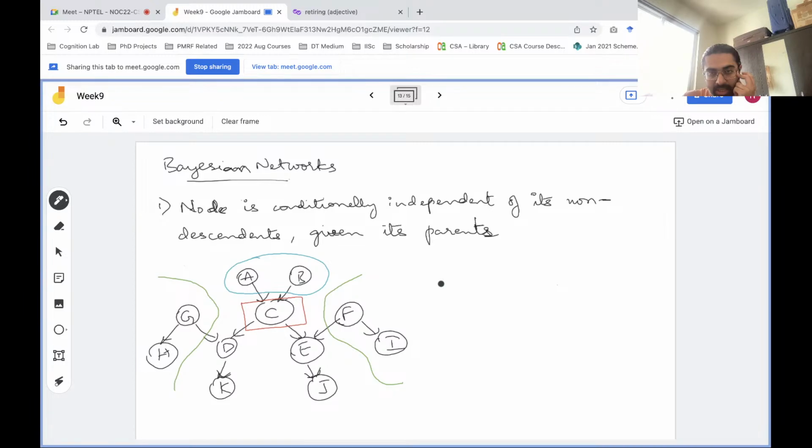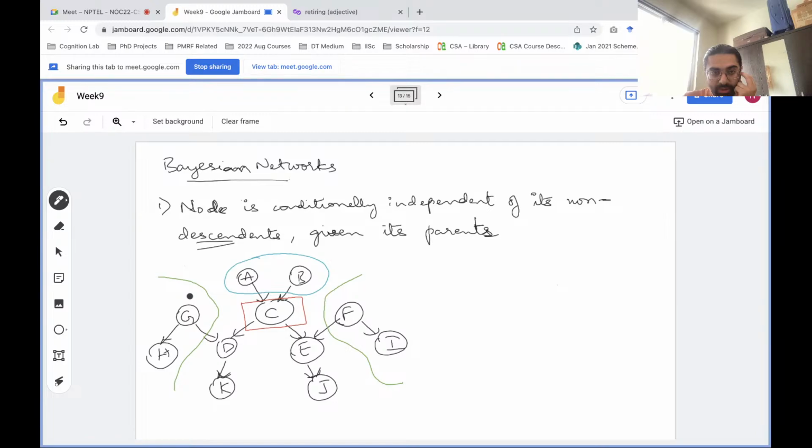All of these nodes marked green here are independent of the node given the parents. So if I write it in terms of A, B, and some node G, I from here, this will just be equal to P of C given A, B. So given A, B, it is free of these non-descendants. This is one property.